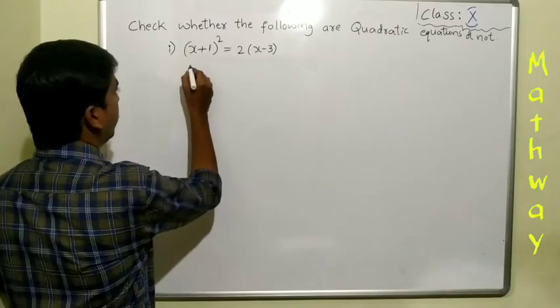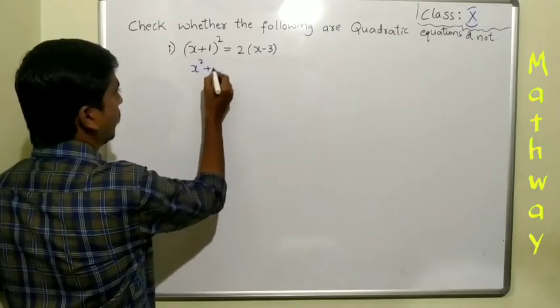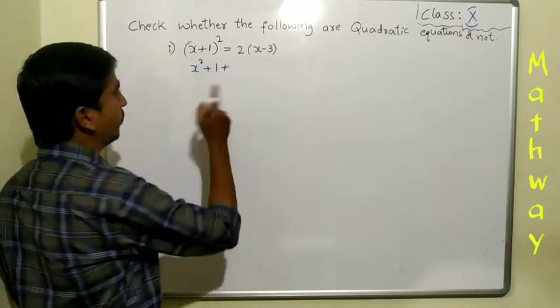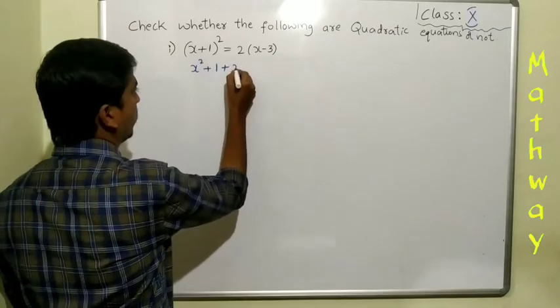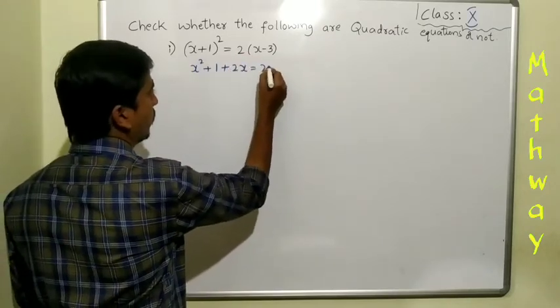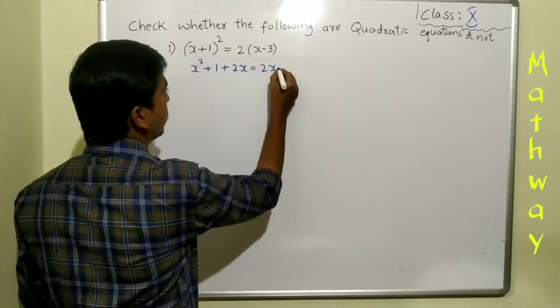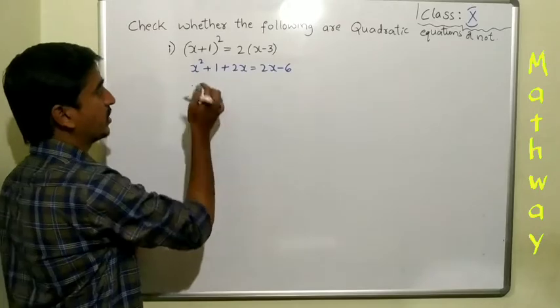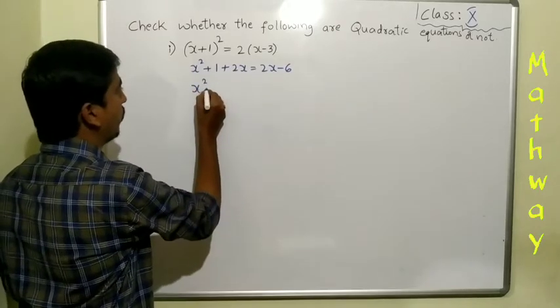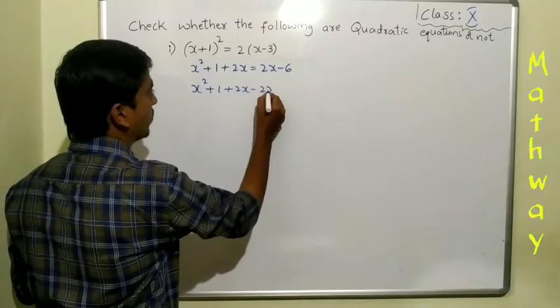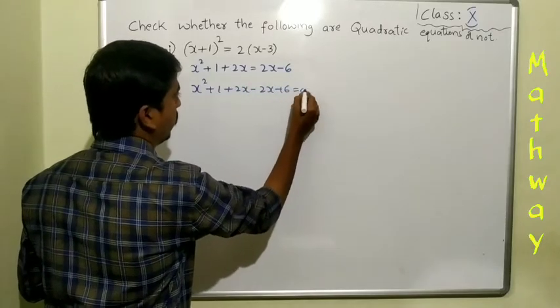a square means here we get x square, plus b square, which is 1 square, that is 1, plus 2ab, 2 into x into 1, that is 2x. And here multiply 2 into x, 2x, and 2 threes are 6, so minus 6. Transpose the RHS terms to the LHS side. Then we get x square plus 1 plus 2x minus 2x plus 6 is equal to 0.